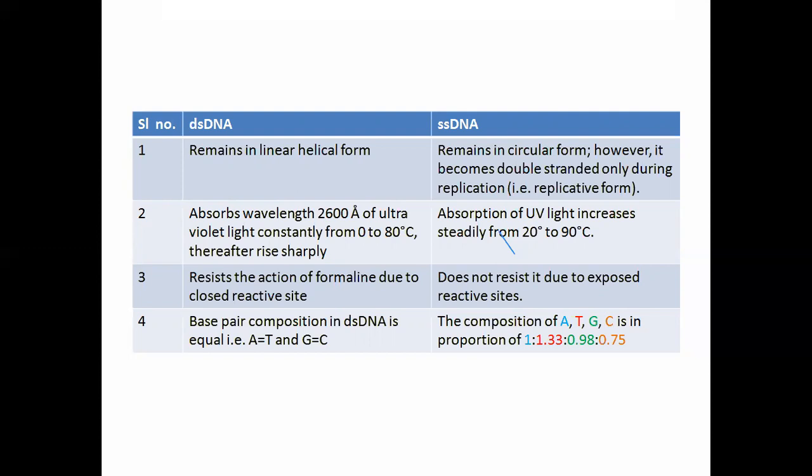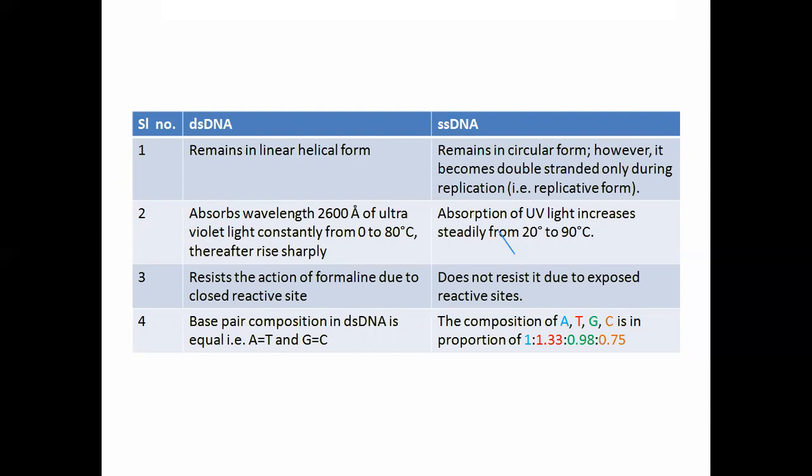That is, double-stranded DNA remains in linear helical form, whereas single-stranded DNA remains in circular form. However, it becomes double-stranded only during replication. That is the replicative form. We will discuss this in detail when we study DNA replication.